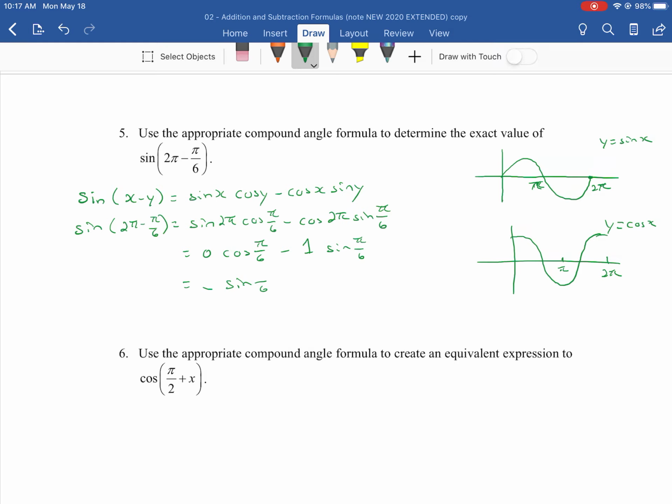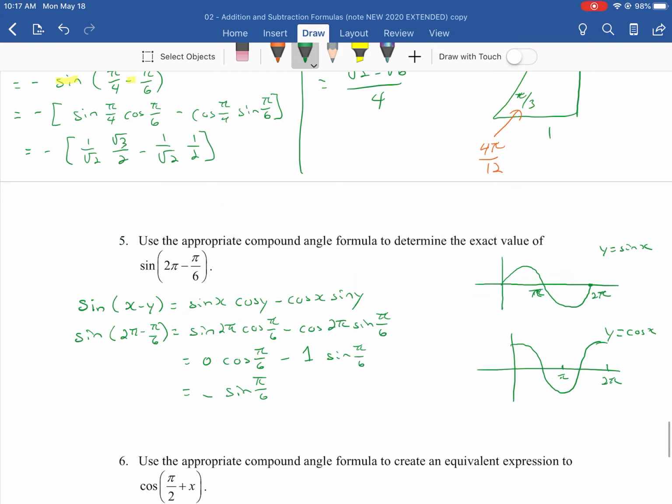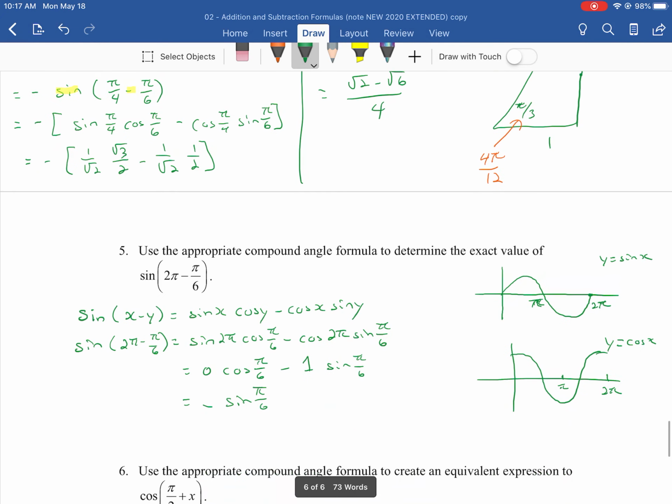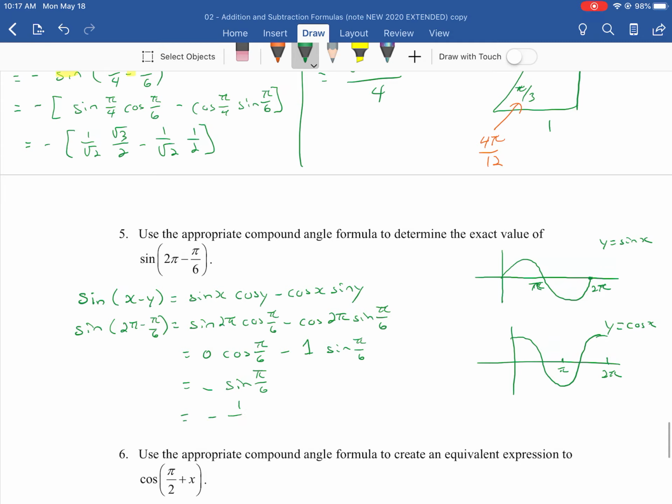And so this simplifies nicely very quickly when there's these pi's involved, because the answers just come out to whole numbers of 1, 0, or negative 1. And then negative sine pi over 6, I can go back to my special triangle to evaluate pi over 6. Sine would be opposite over hypotenuse, which is 1/2. So I get negative 1/2 there.